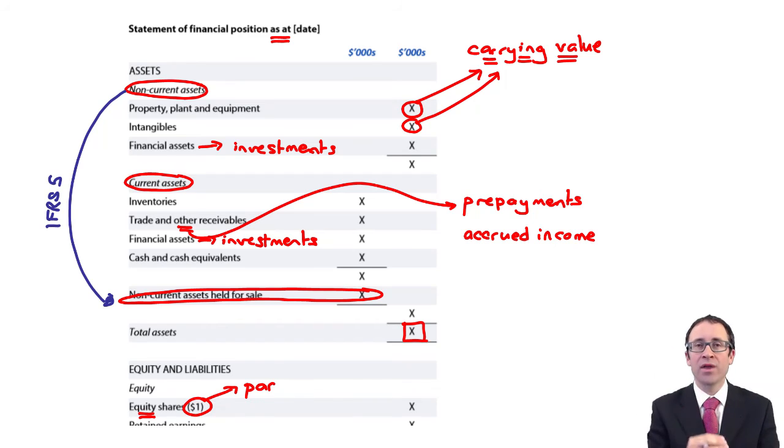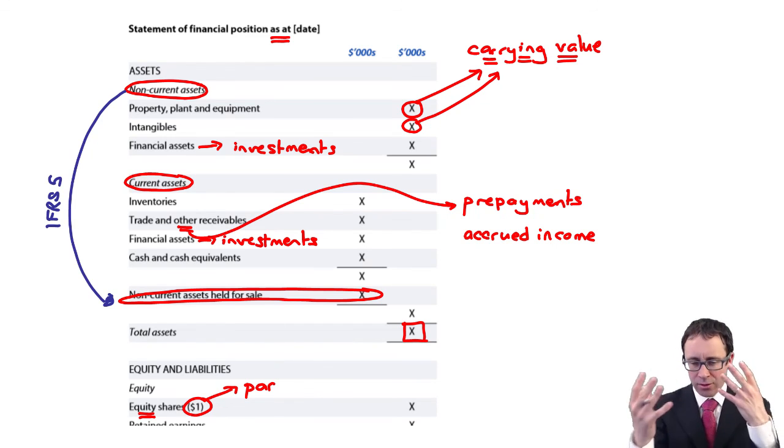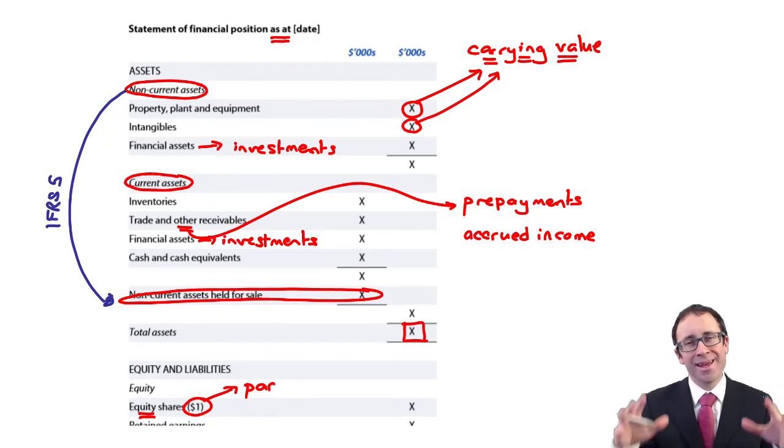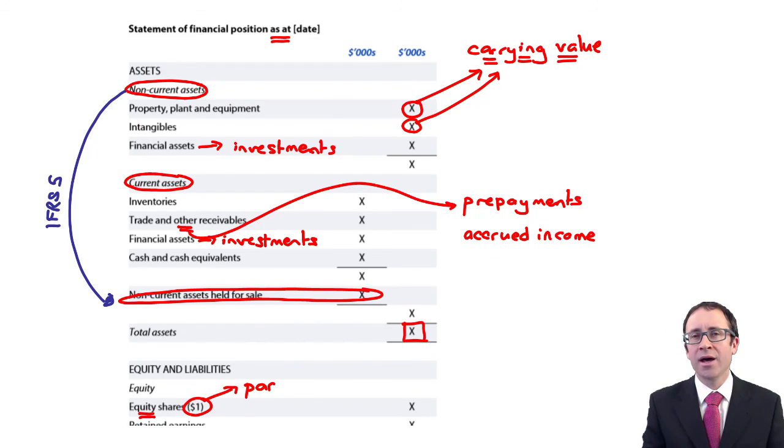And that is then moved down from non-current down to its own separate non-current asset held for sale just after your current assets. If you can keep those two separate aspects in mind, it might help you go through there and understand a little bit better in terms of what we're about to do within the following videos.